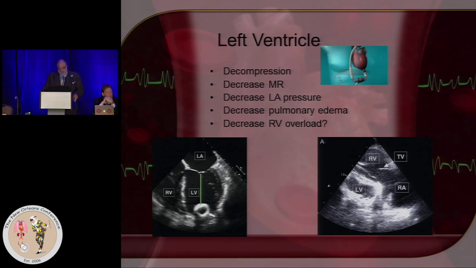That's how it functions. Patient has a very poor LV. The LVAD drains blood from the left ventricle and pumps most of the blood flow systemically. If the patient has pre-existing MR, usually that gets better. It'll decrease the left atrial pressure and thereby decrease the pulmonary edema, and hopefully thereby decrease RV afterload, all right?